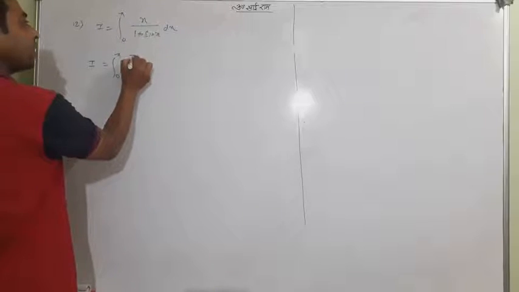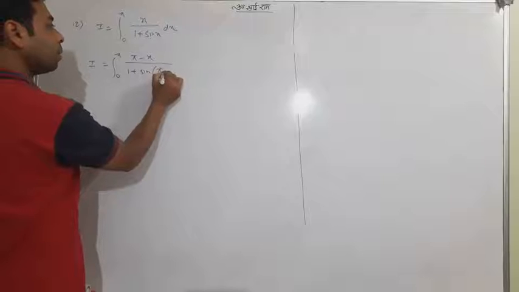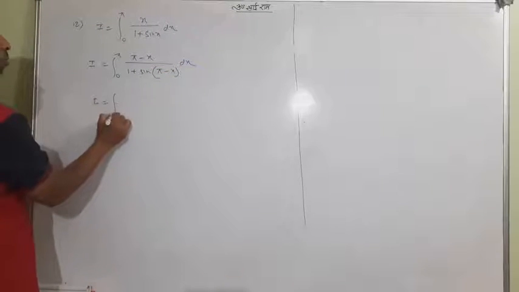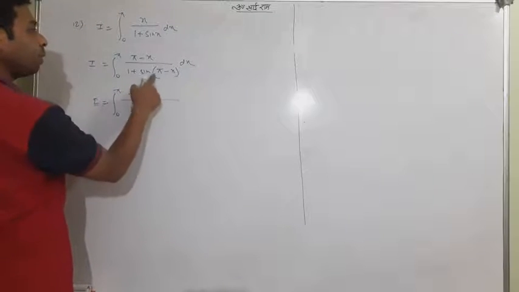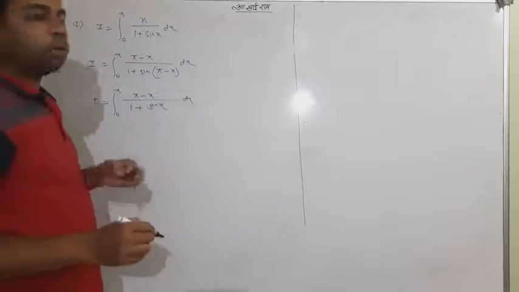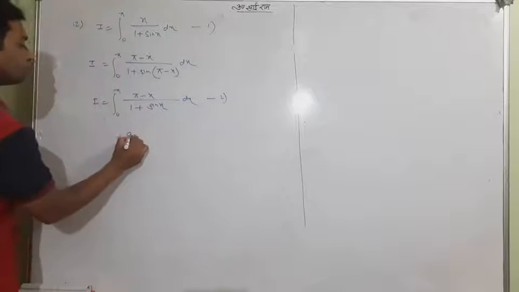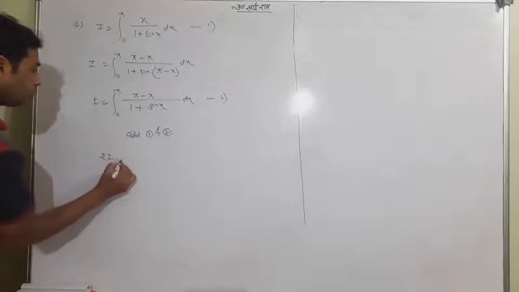Instead of x I will write a minus x, so pi minus x upon 1 plus sin of pi minus x. Afterward, I is equal to 0 to pi of pi minus x upon 1 plus sin 180 minus theta, which is sin theta, and dx. Now 1 and 2 will be added. So add 1 and 2, I and I will be 2I.